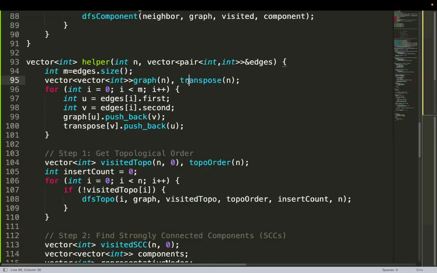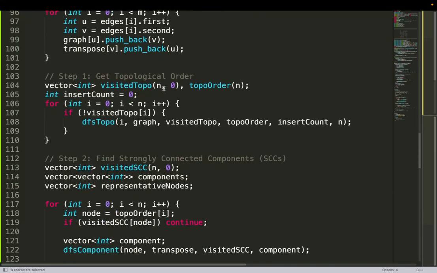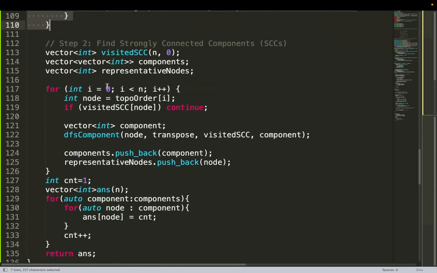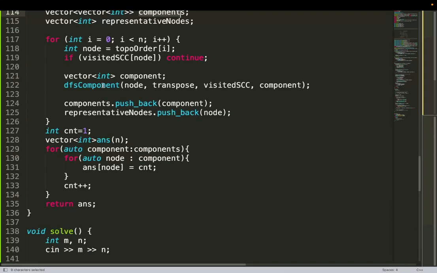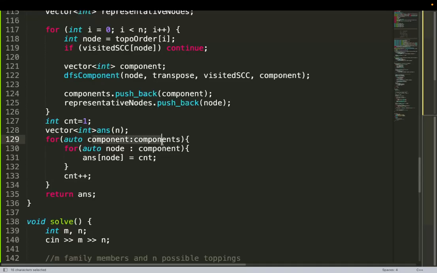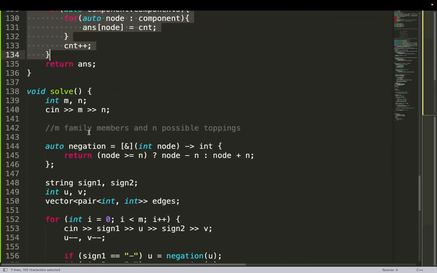From edges, I am forming the graph and the reversed edges graph, then doing the topo sorting, going over this and forming the components, a vector of vectors. Once I am able to form these components, I keep a count variable of 1 and an answer of size n, and go over every component. Every node in a particular component is assigned the same component number. Once I am done assigning for one component, I increase the count. By this, I am assigning the component number to each and every node, and I am returning that.